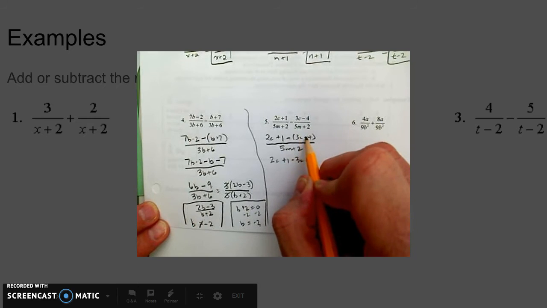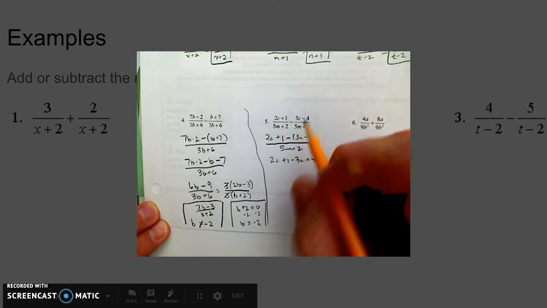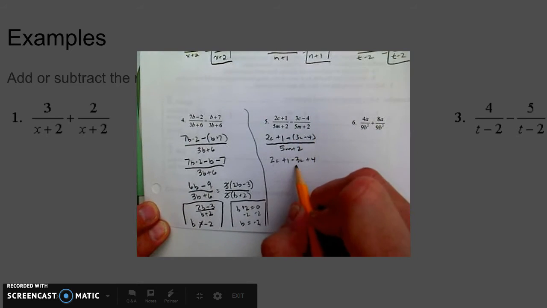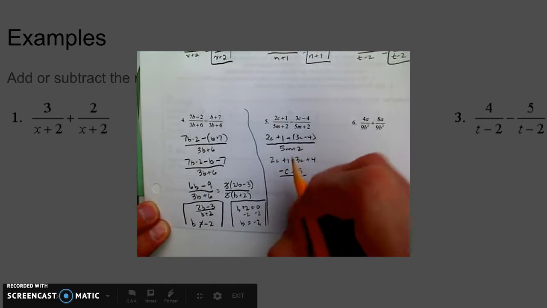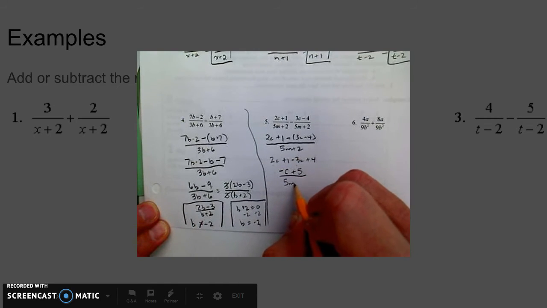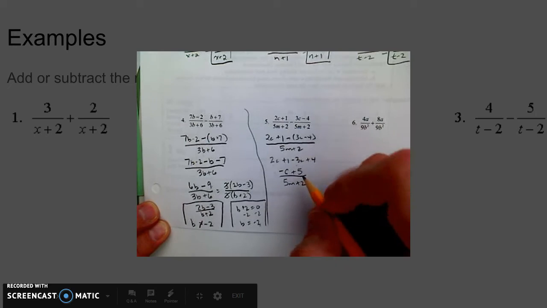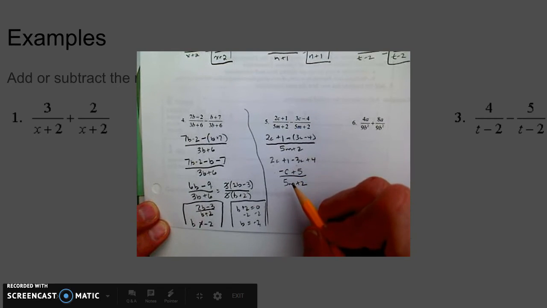Don't forget, you're distributing a negative sign, so a negative times a negative is a positive. 2c minus 3c, that's negative 1c. 1 and 4 makes 5. Okay, so I can't simplify the numerator and denominator. There's no common factor that I can factor out, nothing in the numerator and denominator that I can divide through.